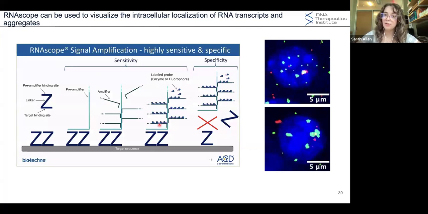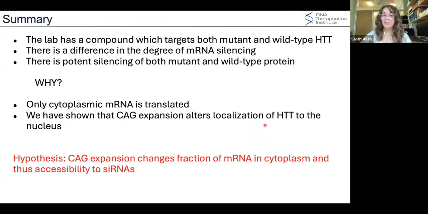This measures the transcripts separately, staining the human mutant Huntingtin in green and the wild type mouse Huntingtin in red, so we can look at where these transcripts are in the cell. So this is a testable hypothesis now, and we propose that CAG expansion changes the fraction of mRNA in the cytoplasm and thus changes the accessibility of that mRNA to siRNA-based silencing.